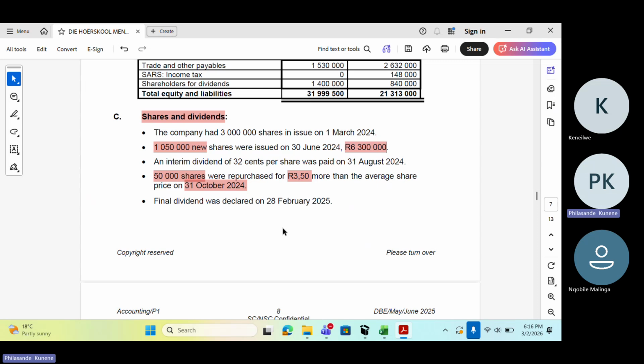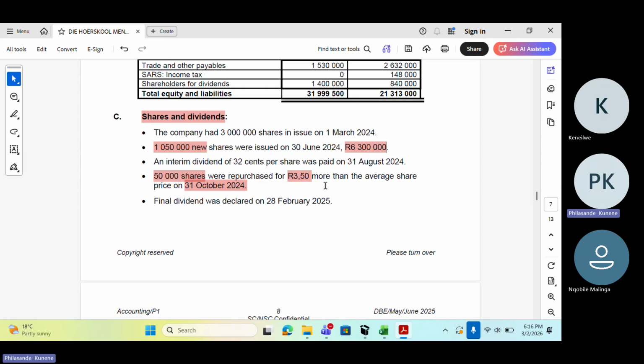So now what is going to happen? These are the 50,000 shares that were repurchased for R350 more than the average share price. Which means we need to calculate the average share price first, and then we can get the amount that we used to buy these 50,000 shares, because we can't say it's R350.